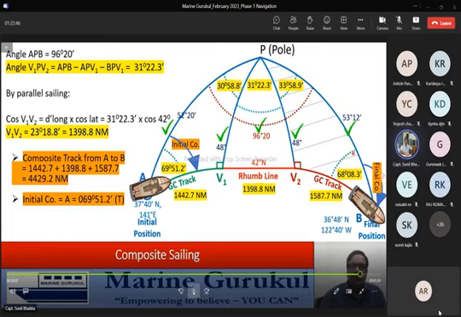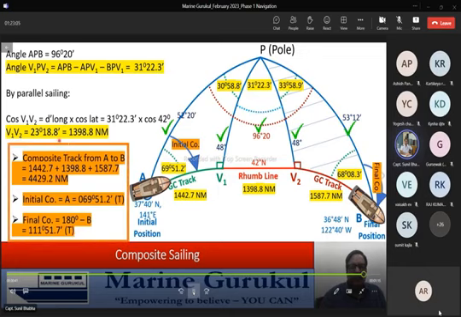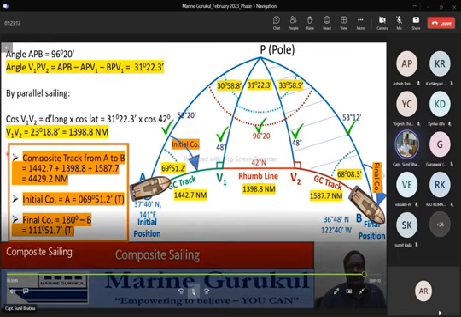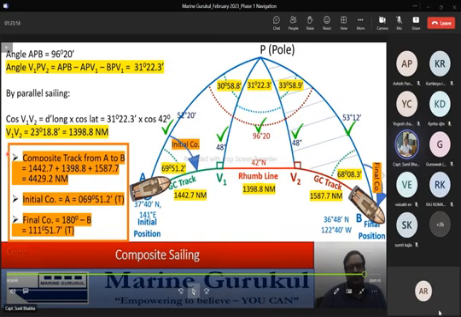Angle B calculated is this one, and we can see the final course will be 180 minus angle B. The final course is 111 degrees 51.7 minutes true. And this way we get all that was asked from us in this particular question. So have a good look, beta, and let me know any doubts coming in.